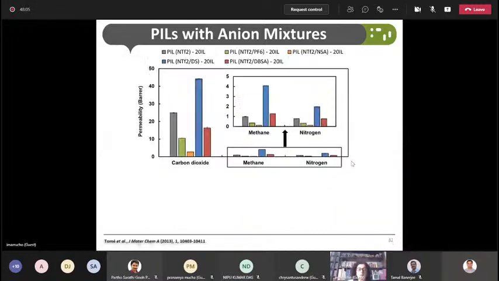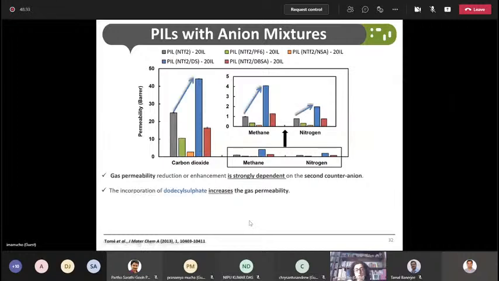So here we have the permeability results for CO2, methane, and nitrogen. We can see here that this in blue has very good permeability. And this is where we have the anion of the NTf2 with the dodecyl sulfate, which is typically a surfactant.